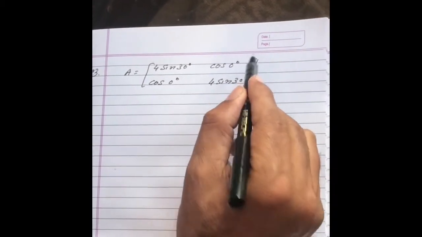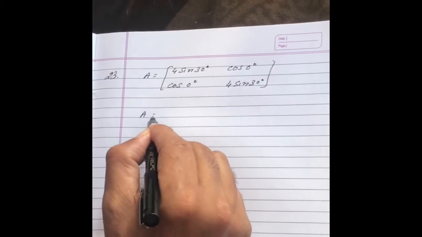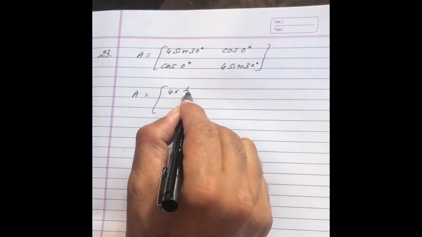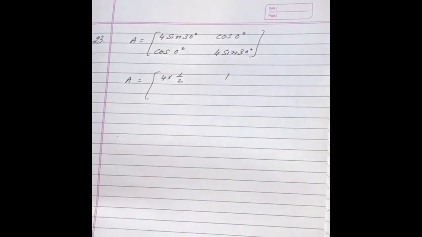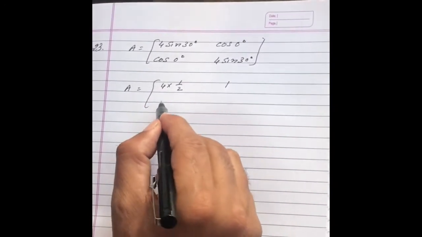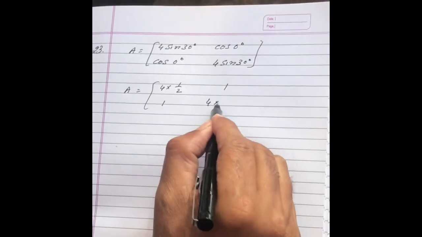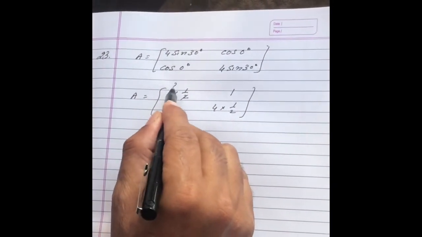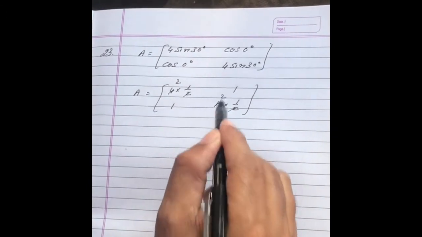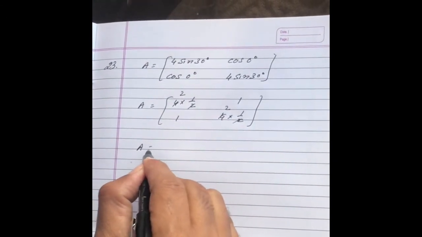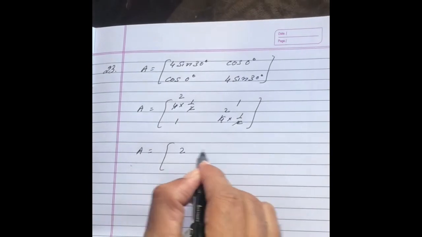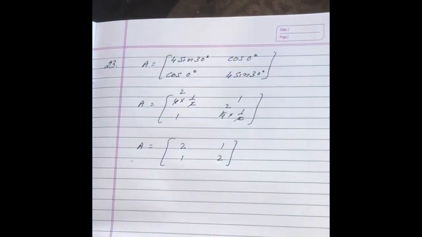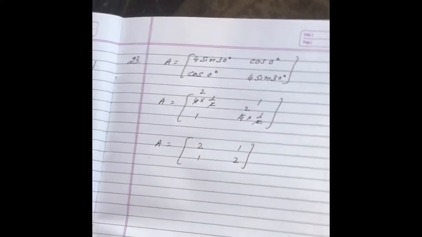First I solve it. A is equal to 4 sin 30, where sin 30 is 1 by 2, cos 0 is 1, cos 0 is 1, 4 sin 30, 4 into 1 by 2. 2 twos are 4. So A is 2, 1, 1, 2. Now I have found the value of A.